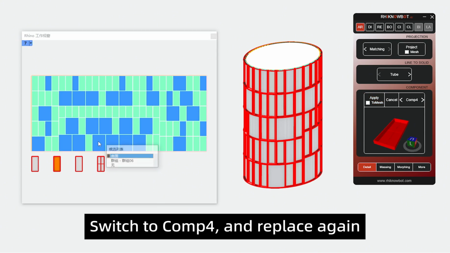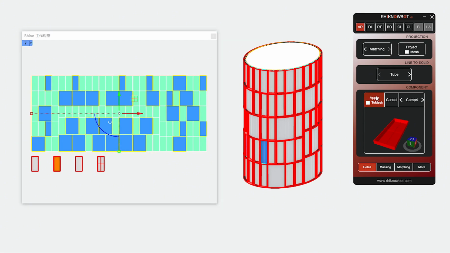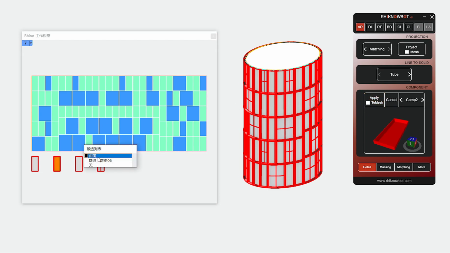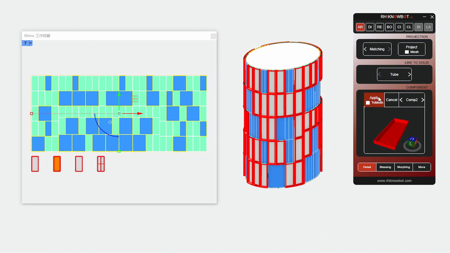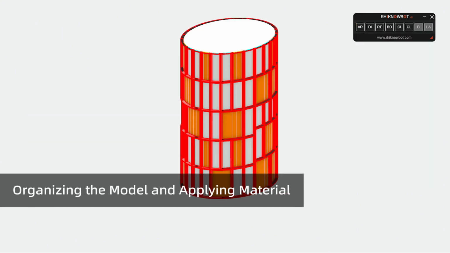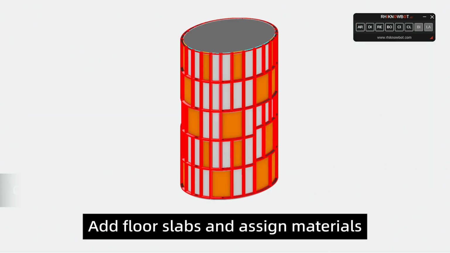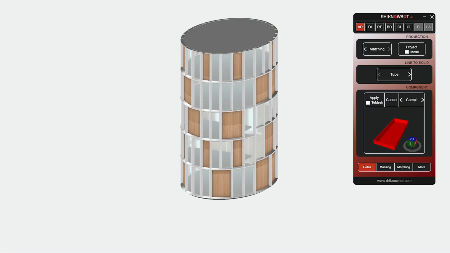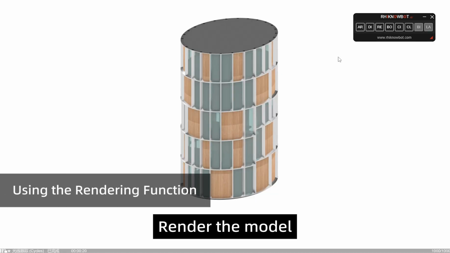Switch to Comp 4, and replace again. Get back to Comp 2. Add floor slabs and assign materials. Render the model.